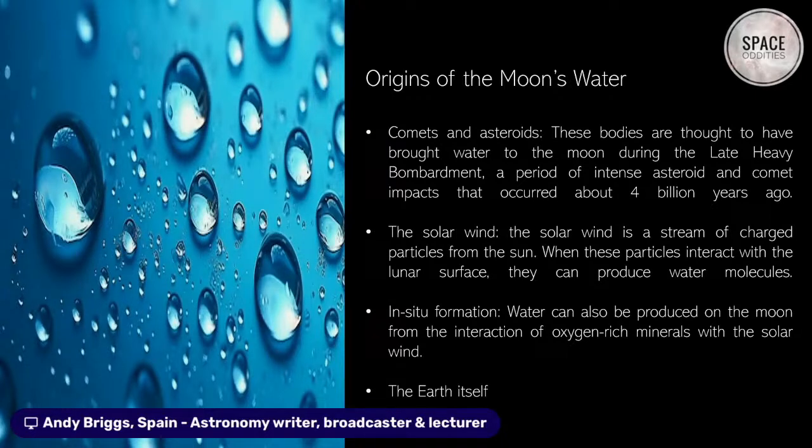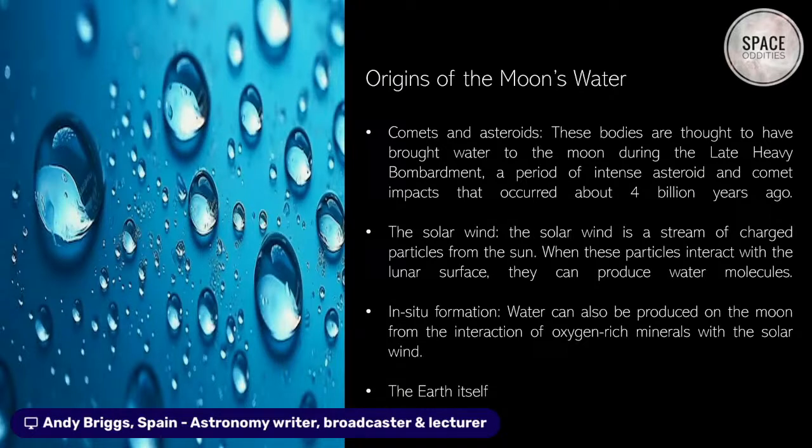And it can also be from the Earth itself, because don't forget, we believe that the moon was formed after a Mars-sized body collided with the Earth early in its history, and a huge amount of the Earth's crust was thrown into space and then coalesced quite quickly, as it turns out, to form the moon, so the water could have come from the Earth in that way. We don't know, basically, is the answer. But then again, we don't really know where Earth's water came from in the first place. So there we are.